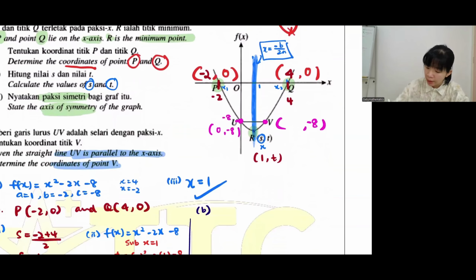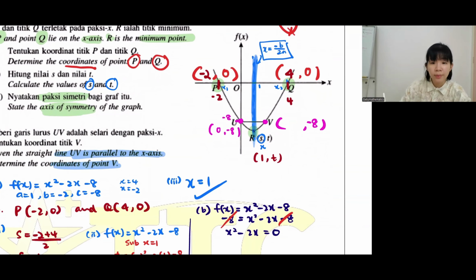Okay, write the function one more time. f(x) equals x squared minus 2x minus 8. We know that y is negative 8, so negative 8 equals x squared minus 2x minus 8. On the left-hand side and right-hand side, both have negative 8, so this one becomes 0. Cancel away. Okay, x squared minus 2x equals 0.